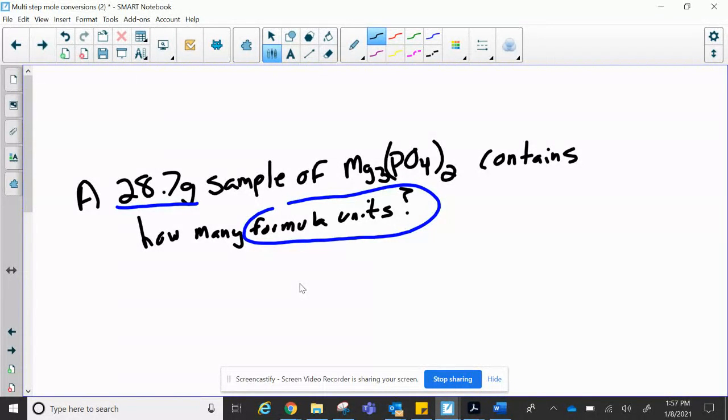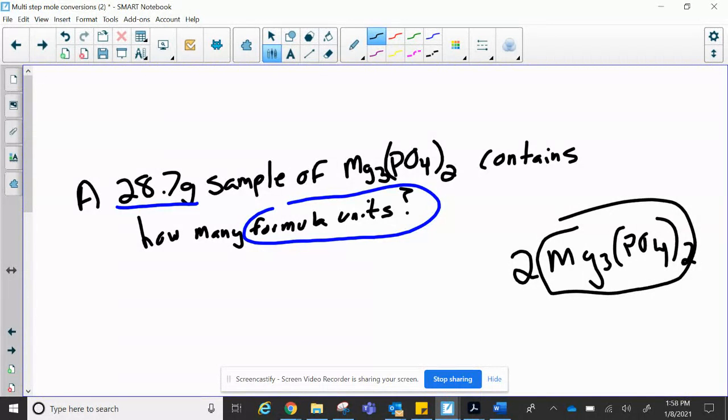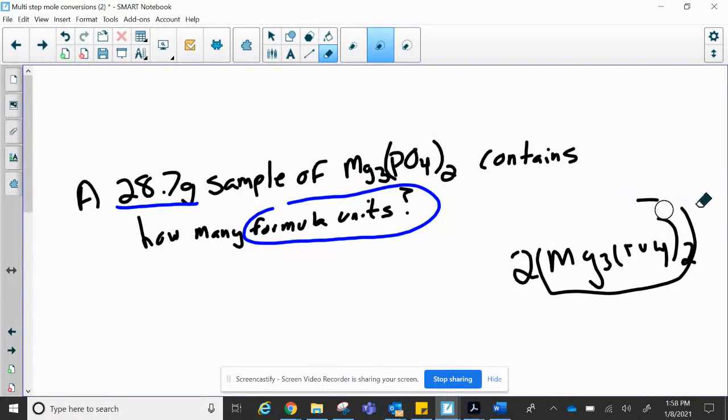So that just means we have 1 Mg3(PO4)2. You know how we did reactions. If we had 2 Mg3(PO4)2, that just means we would have 2 of these. So that's all that is, formula units. It's just a way to describe that.